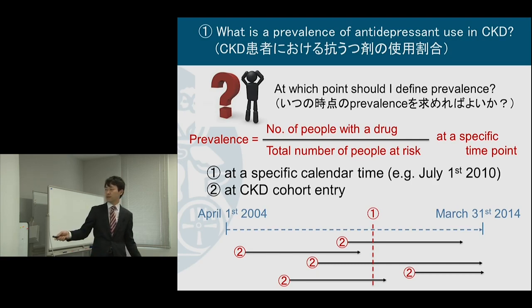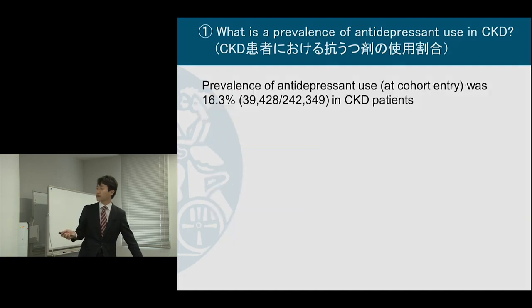So I looked at the prevalence of antidepressant use at cohort entry for every patient. I looked back 6 months, according to previous studies using UK data, to identify prevalence of antidepressant prescription. And as such, I estimated the prevalence of antidepressant use to be 16.3% in CKD patients.